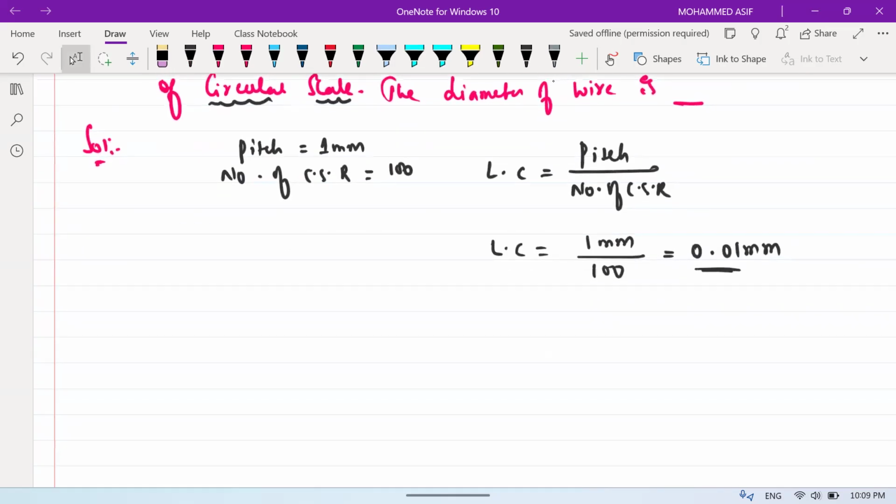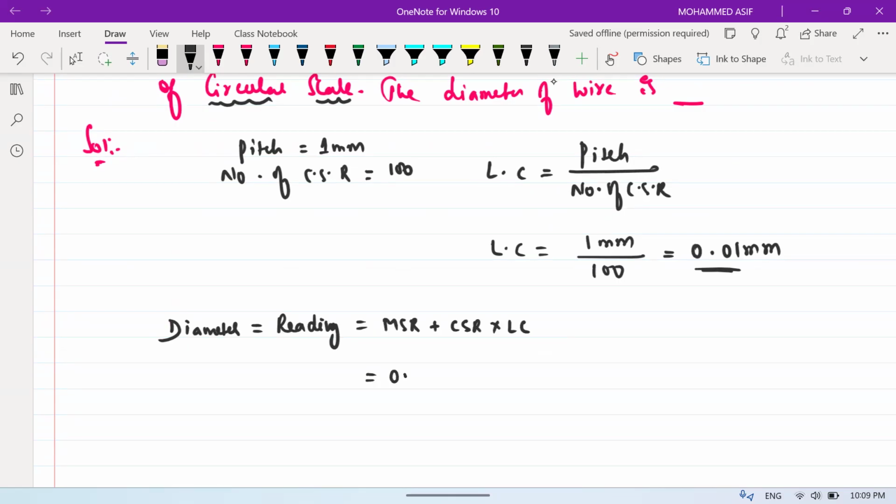What is being asked? Diameter. Diameter means reading. So that reading will be equal to how much? What is the formula? MSR plus CSR multiplied by least count.